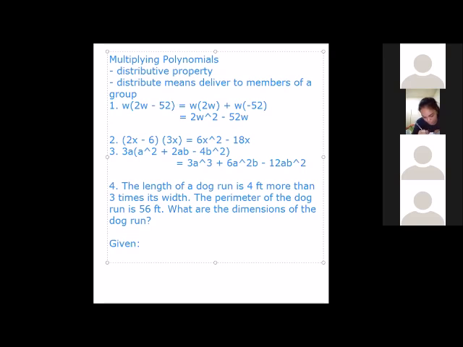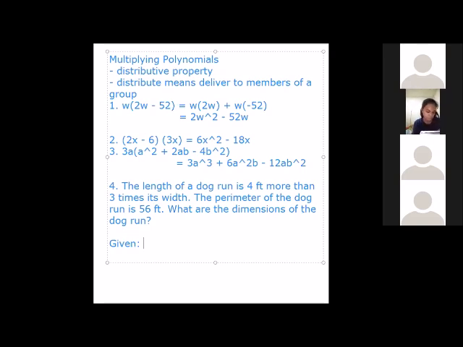Now, as I always tell my students, it is best for us to understand one sentence each time of the problem. So here we have the first sentence that says, the length of a dog run is 4 feet more than 3 times its width.